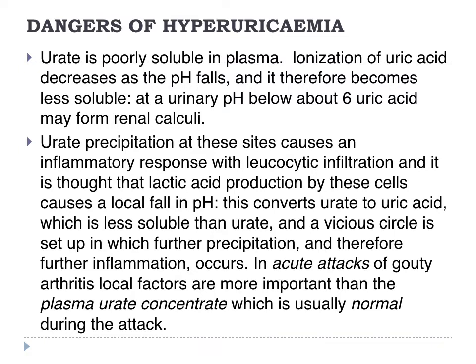The second thing that helps precipitation is acidic media. Once there is triggering of precipitation of one crystal, what happens? There is inflammation in this place. This inflammation causes leukocyte infiltration and production of lactic acid localized in the area where precipitation occurs. So we get a further acidic media and so further depositions, and we enter a vicious circle. One crystal precipitates, causing inflammation, production of lactate, lactic acid, further acidic media and so on and so forth.